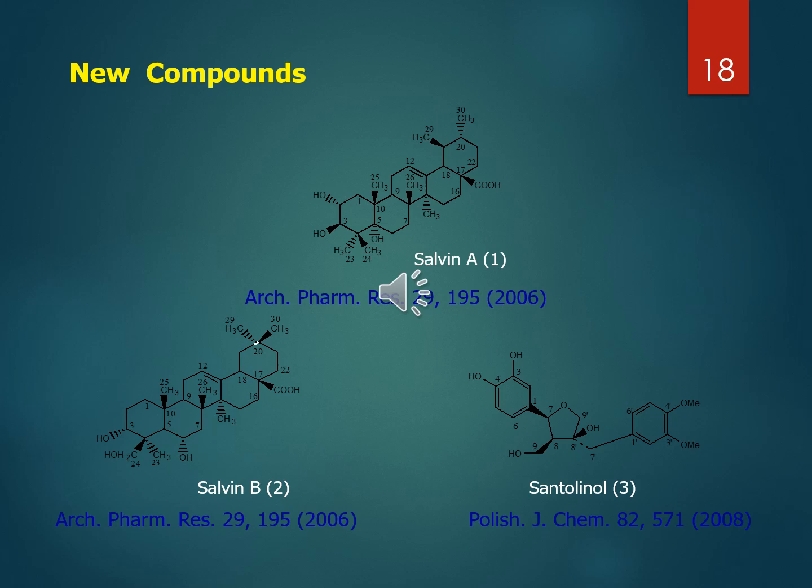The first two molecules, Salvin A and Salvin B, are terpenoids, and the third one is a lignan molecule named centrolinol, which has been published in a Chemistry journal in 2008. Let's see how these molecules have been separated, purified, and how their structures have been determined by using different spectral techniques.